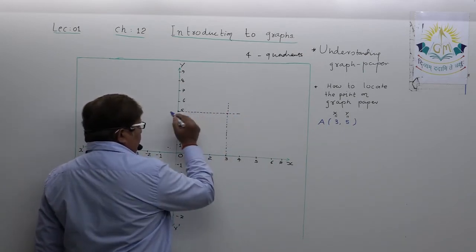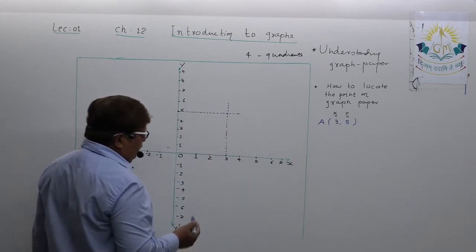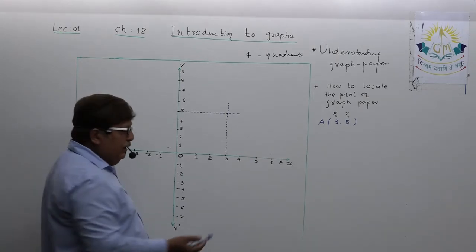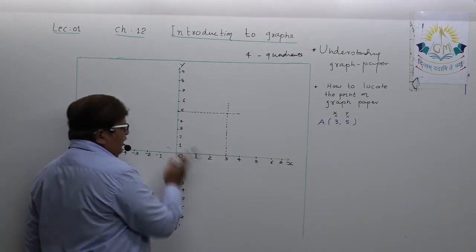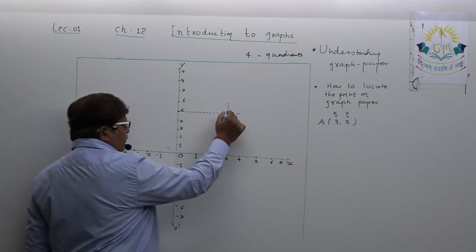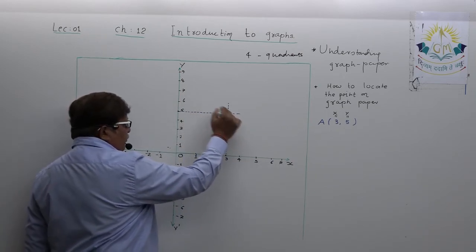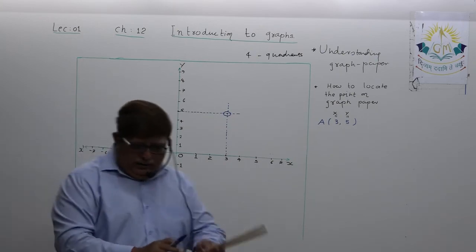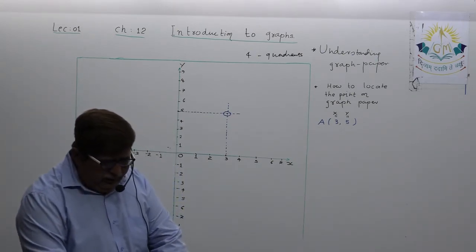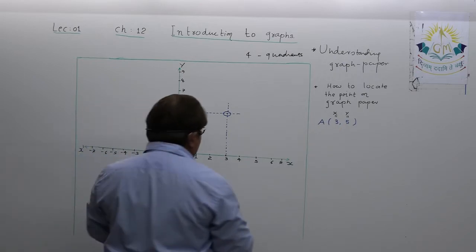From 3, from 5. And don't just mess up yourself that sir has told to draw dotted line. Don't go here because y coordinate is here. 3, 5. So this is the point. This way you can show, dear student. And after doing this, you can write this particular point.